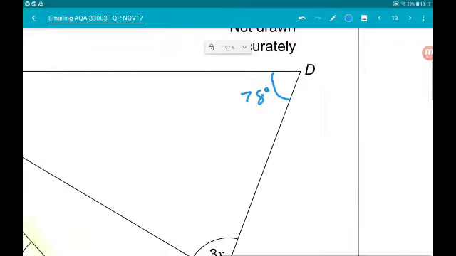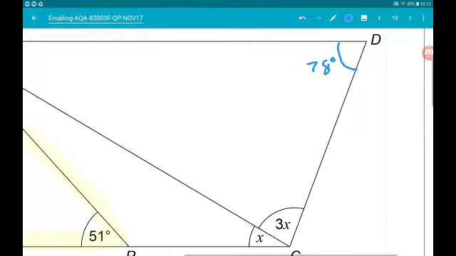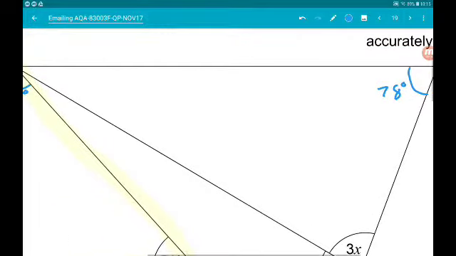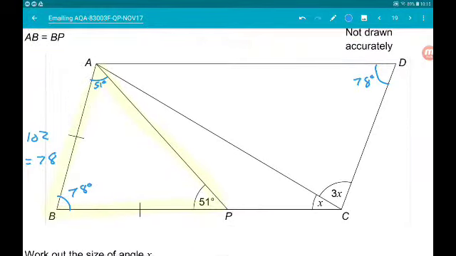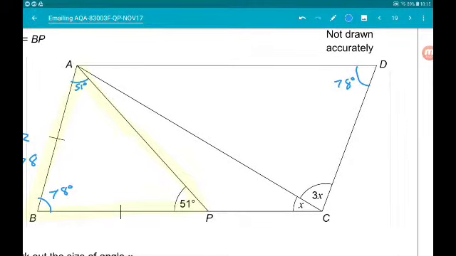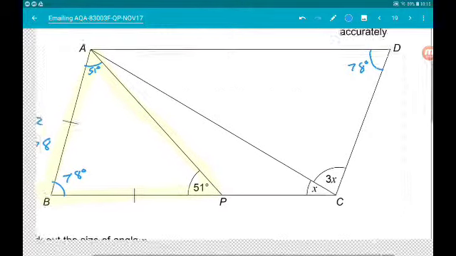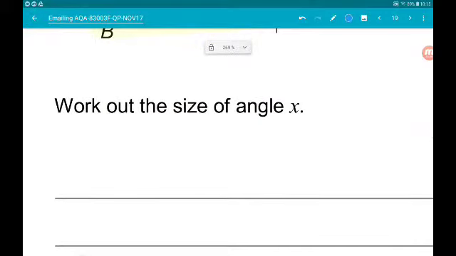Now, we know that angles in a quadrilateral add up to 360. Now we know then that 2 times 78 is 156.